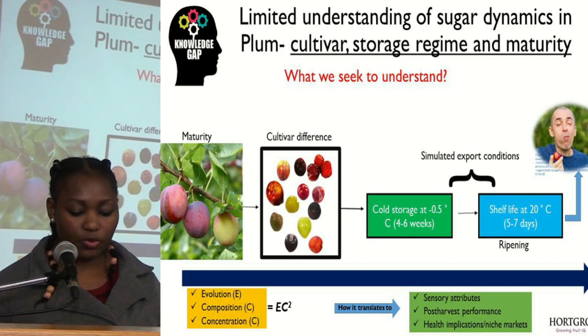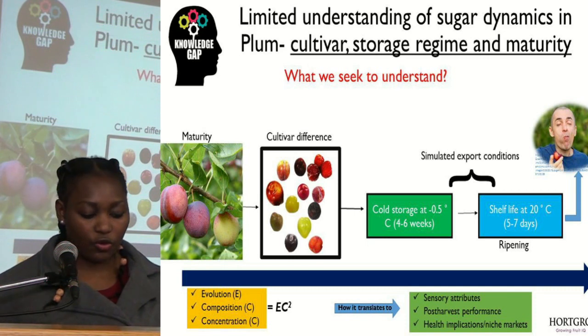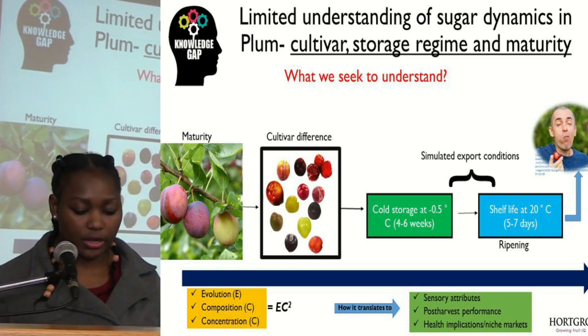There are 12 cultivars used in this study, which are grown under the same conditions in a Stellenbosch orchard.